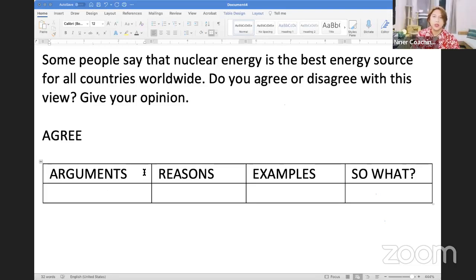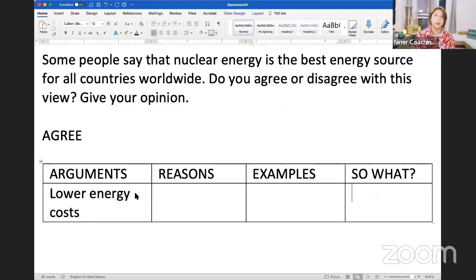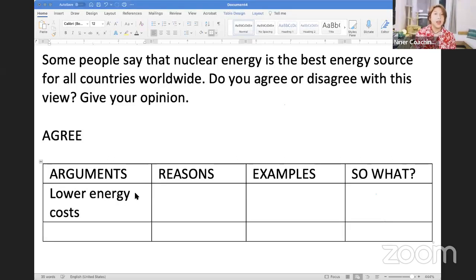So some people are pointing out that when there are nuclear reactors, the cost of electricity will be much lower. Yeah, okay. So lower energy cost. Okay. What else?